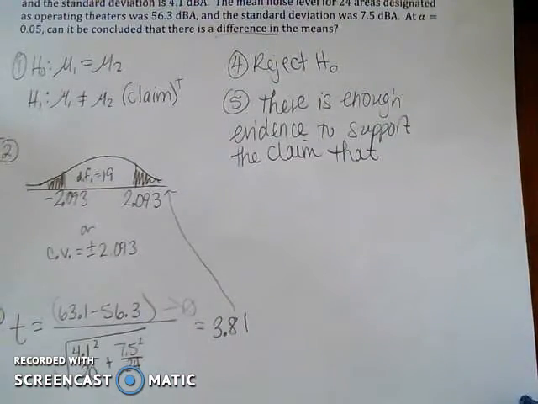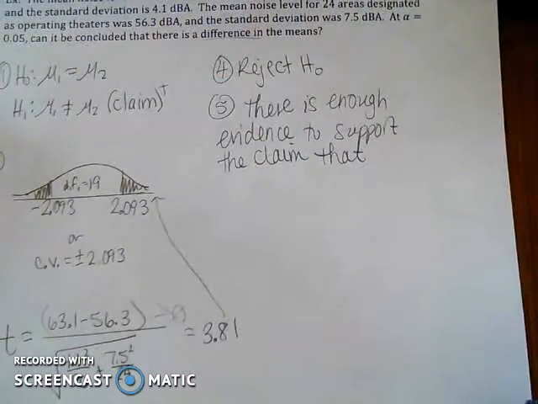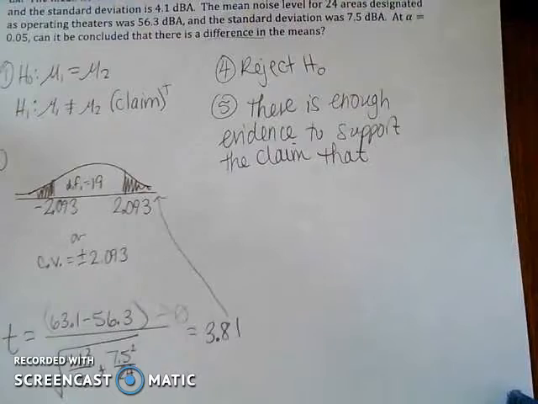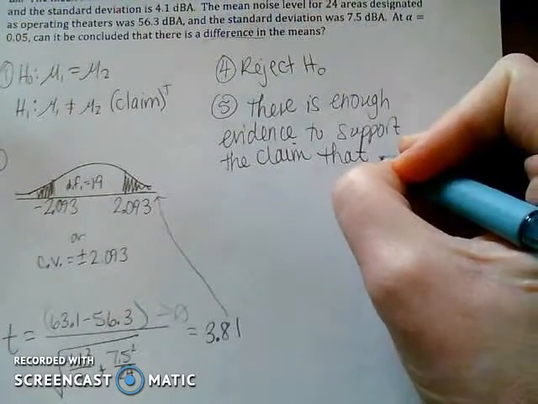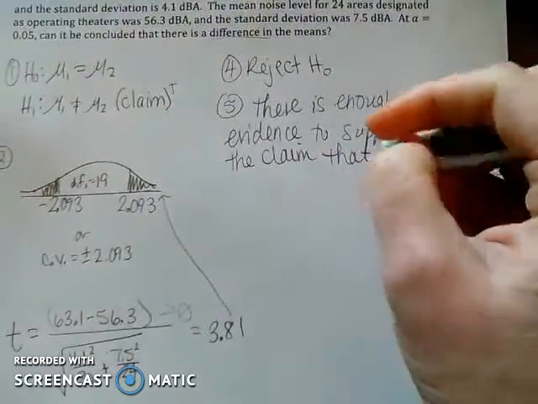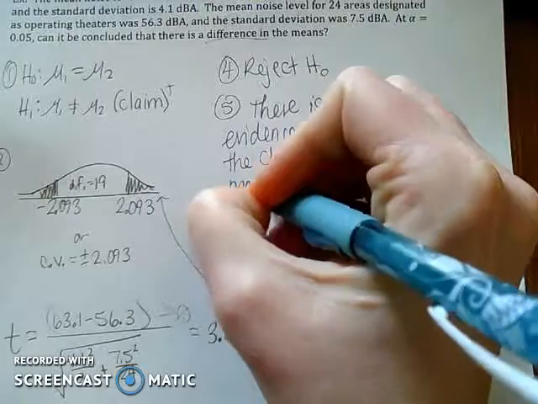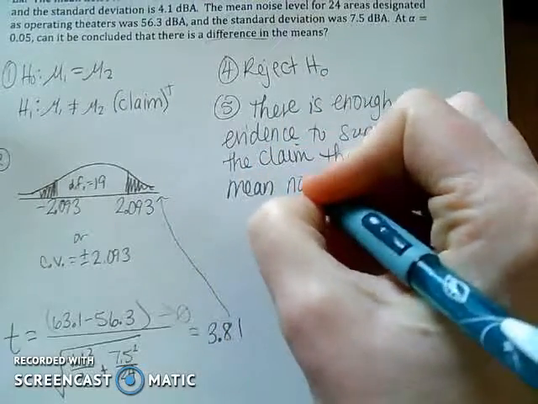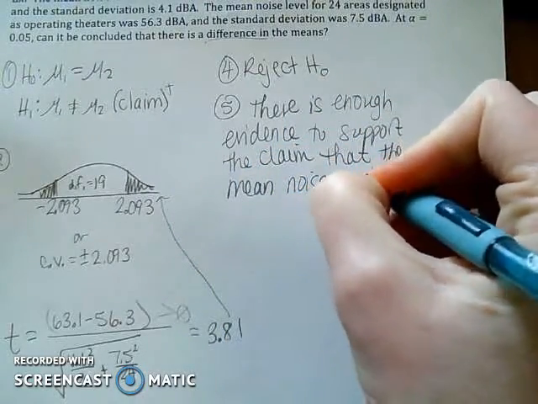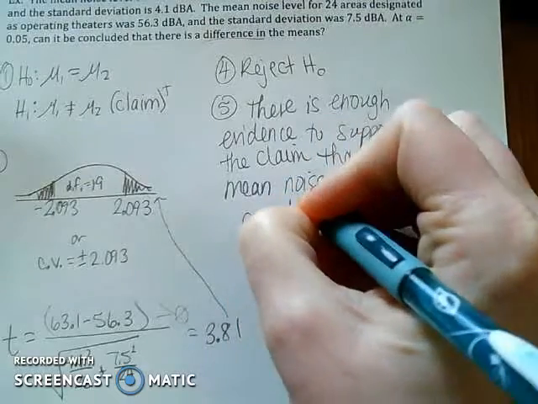The reason I like to say support the claim is because that reminds me to write the word claim. So up to you. If you like conclude better, that's fine. So there is enough evidence to support the claim that the mean noise levels are different.